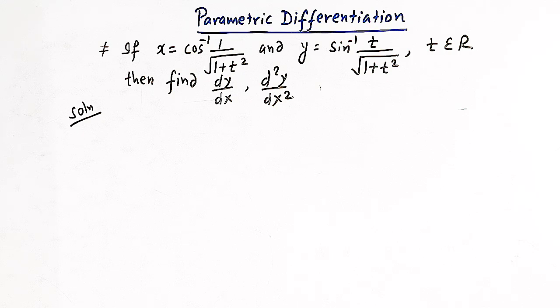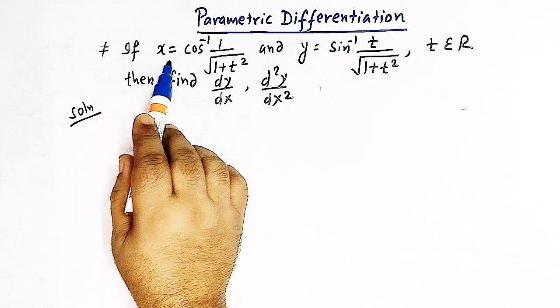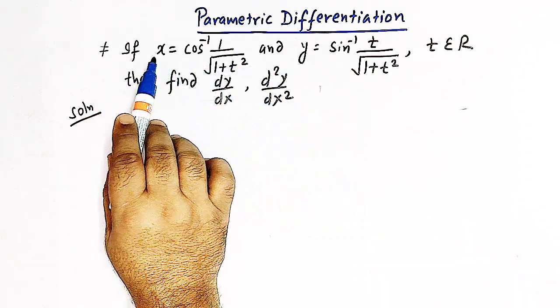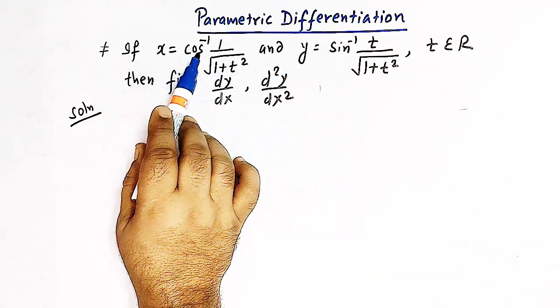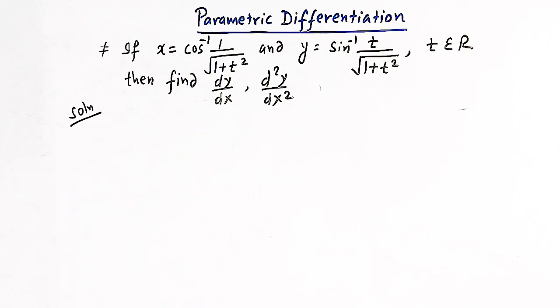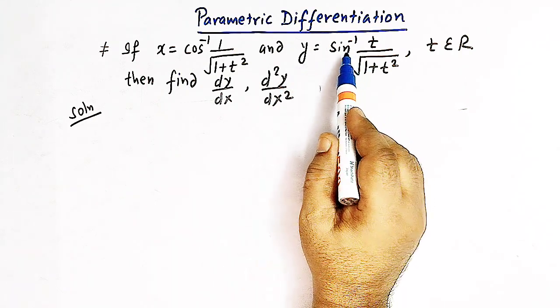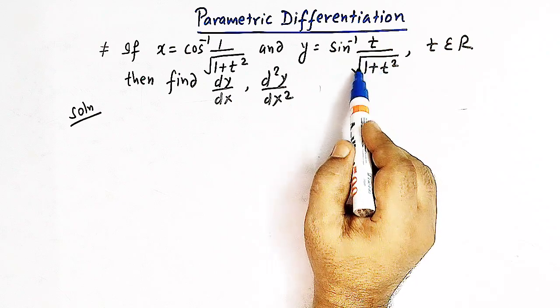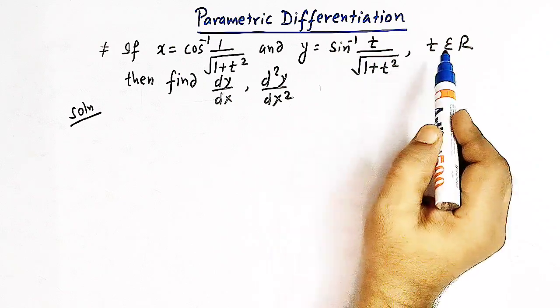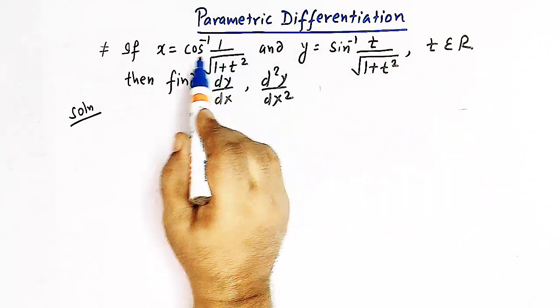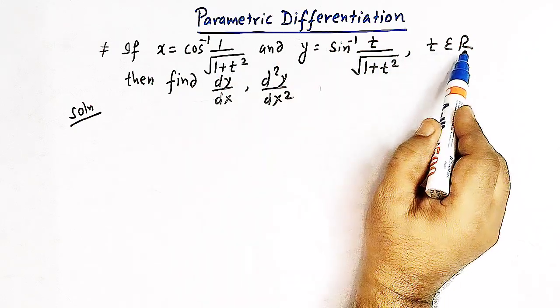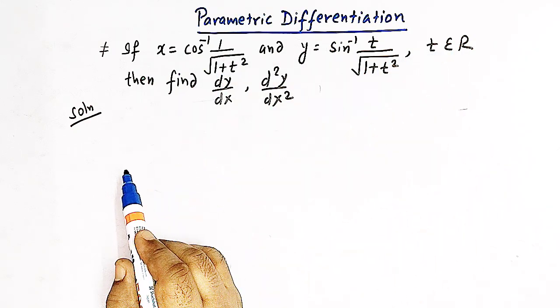The first problem: we are given two functions, x is equal to cos inverse of 1 over square root of 1 plus t square, and y is equal to sine inverse of t over square root of 1 plus t square, where t is a parameter and t belongs to the set of real numbers.